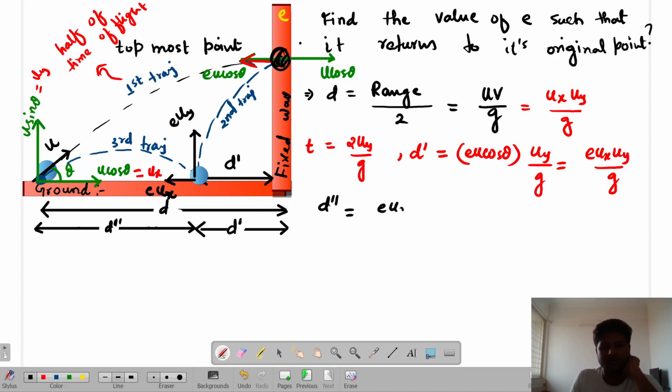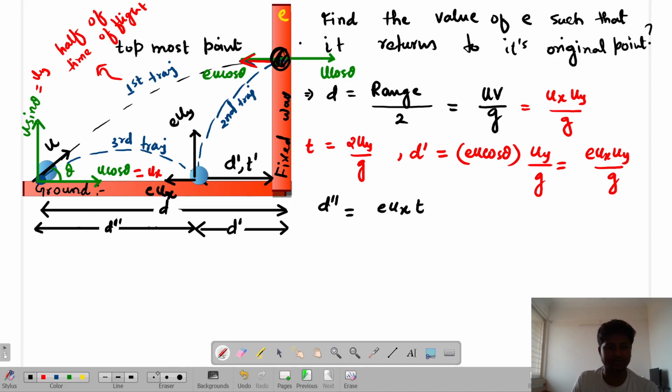Simple: e into ux into the time of flight, isn't it? What time of flight do I need to consider? For D dash the time was T dash.